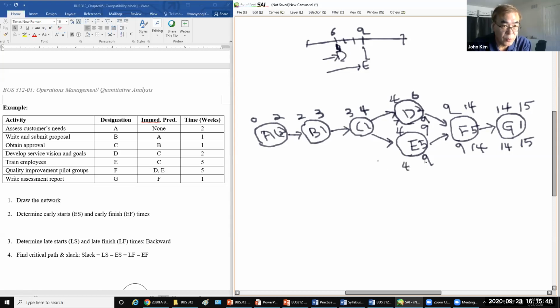And then when going backward, there are 2 late start times. Then the earlier one goes there, 4, 3, 3, 2, 2, 0. So early start time, early finish time, late start, late finish. Okay.